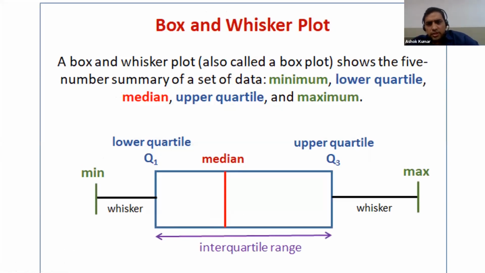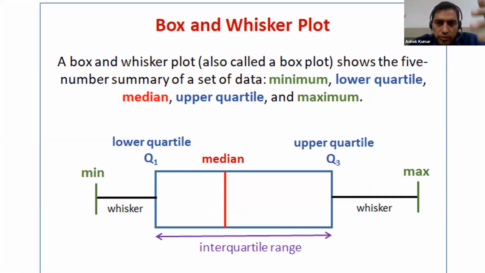Now this is a box and whisker plot, because today I am going to explain how to make a box and whisker plot. Please remember that when you use median and IQR, it means your data is not normally distributed, so you have to make a box and whisker plot.